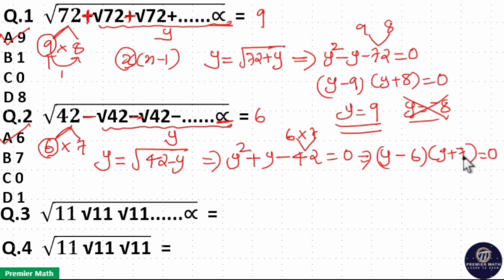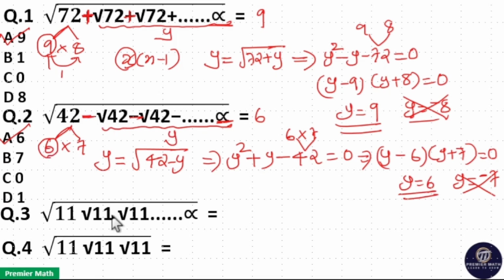That is, minus 6 into plus 7 is minus 42, and minus 6 plus 7 is equal to plus 1. So here y is equal to 6, and y equal to minus 7 is not possible because y should be a positive value. That's why I said take the smallest number if you have a negative sign between numbers.